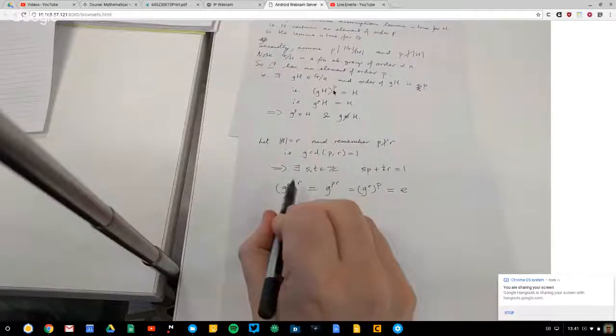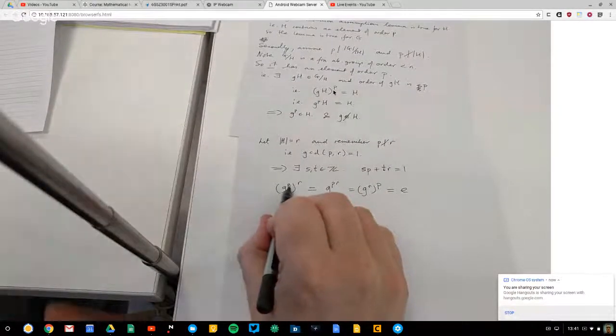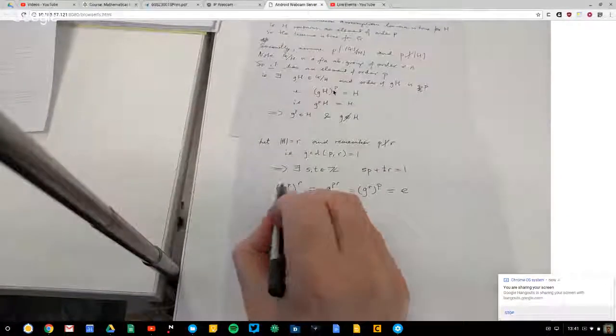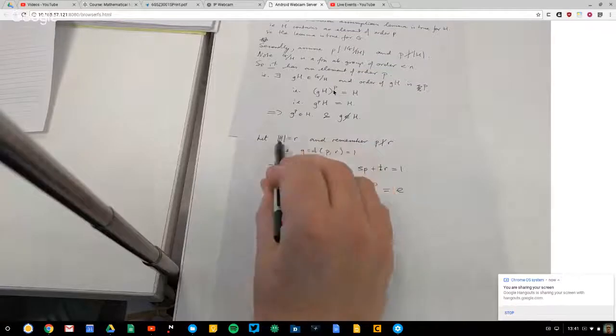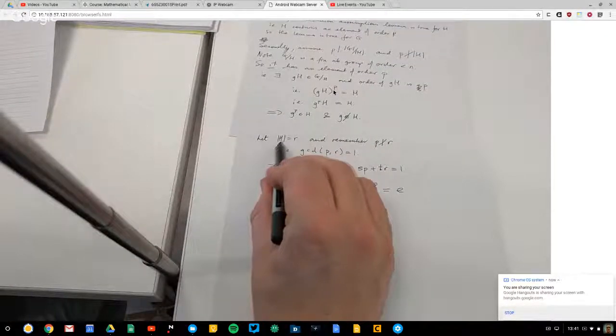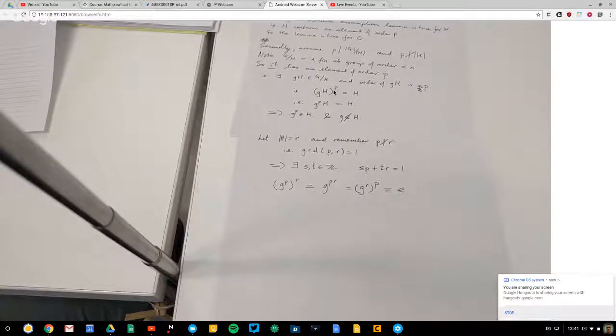Ignore the fact that it's some special G to some power P; it's just a group element from H raised to the power R, where R is the size of H. When you take an element and raise it to the size of the group, that must give you the identity, from Lagrange's theorem. As a way of looking at Lagrange's theorem, it tells you that the order of any element divides the order of the group. So if you raise any element to the power of the order of the group, you're raising it to its own order and then to a further power as well, so it's going to hit the identity.